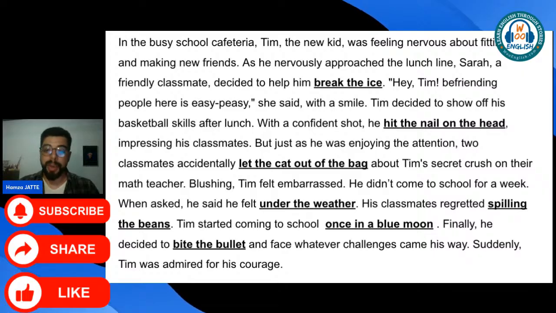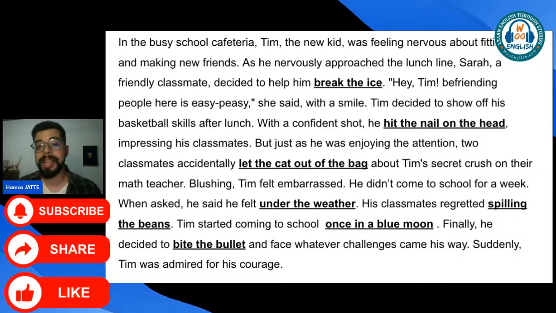All right. So I'm gonna read this little text here, and maybe I'm gonna explain some expressions, but not the ones underlined. In the busy school cafeteria, the new kid was feeling nervous about fitting in and making new friends. So we have a school cafeteria, there is a new student, and the student was nervous that he will not be able to fit with the other students.